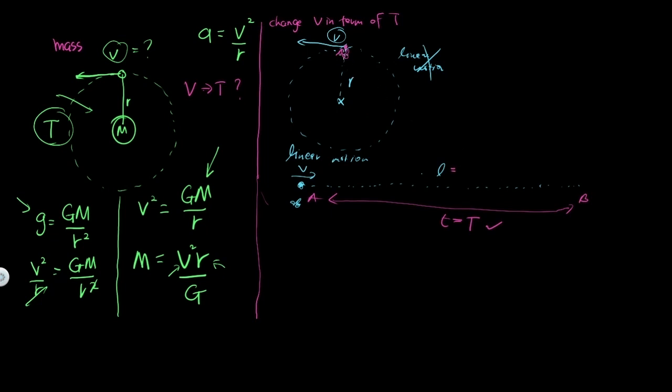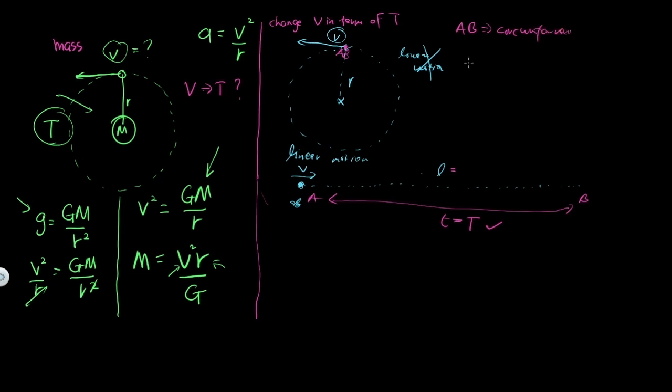How can we measure the L if we only have R? If you look carefully here, L is the distance from A to B. From what you had learned in your mathematics, A to B is the circumference.